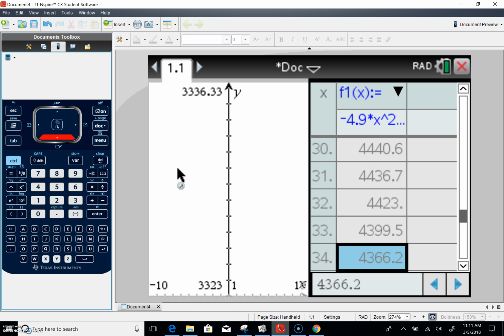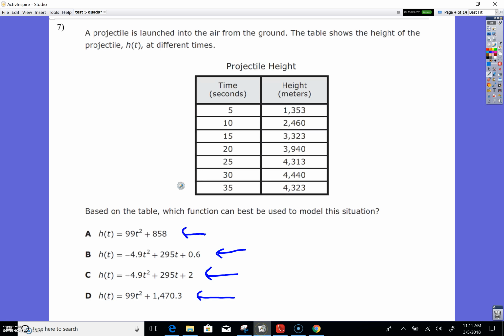And 35, 4323. Okay, so they're all the same. So that's check. Okay, remember this one is wrong, this one's correct.